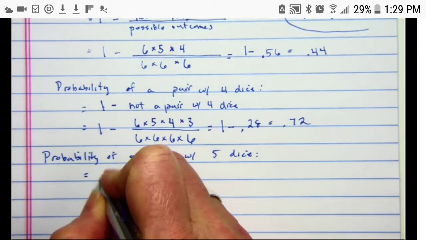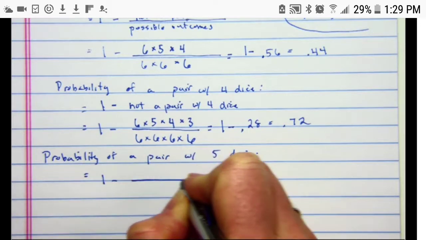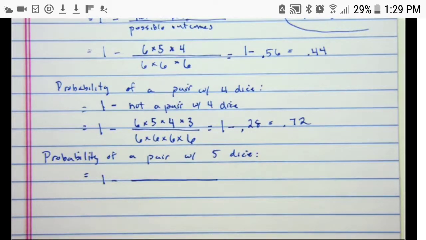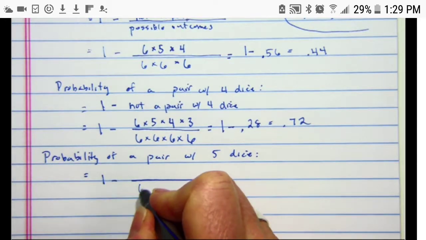So we would say it's 1 minus not getting a pair with 5 dice. And we can go ahead and just follow the pattern. So now in the denominator, when we look at all the possible outcomes, all the combinations of different dice that we could get for 5 dice, we would have 6 times 6 times 6 times 6 times 6 in the denominator. So 5 6's multiplying together in the bottom of the fraction.